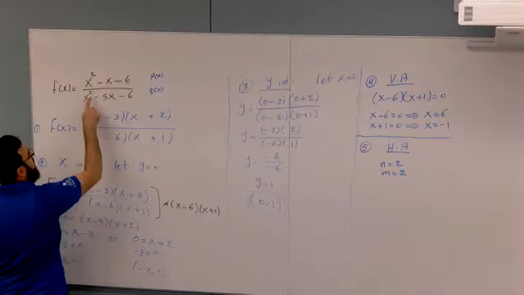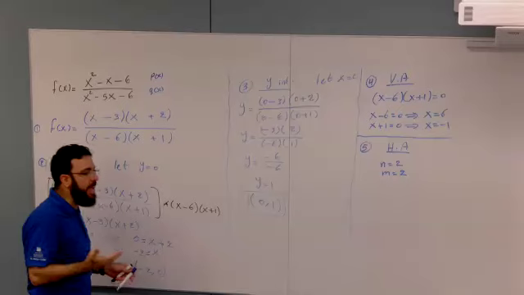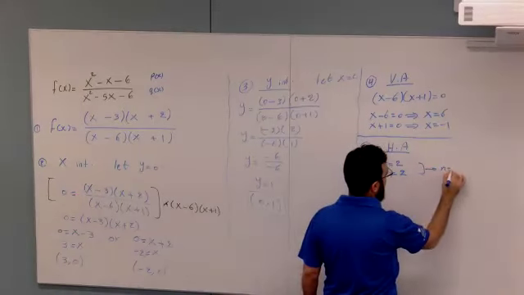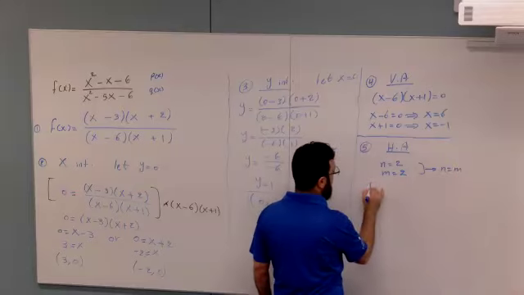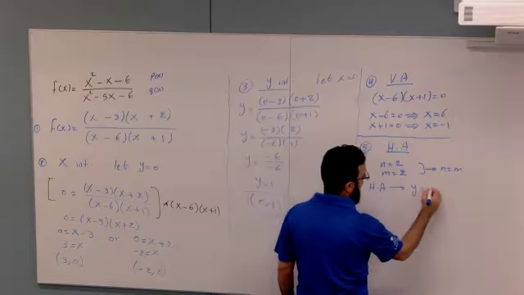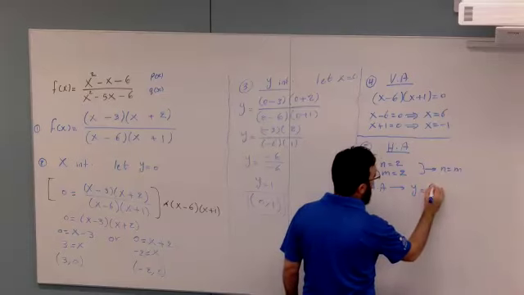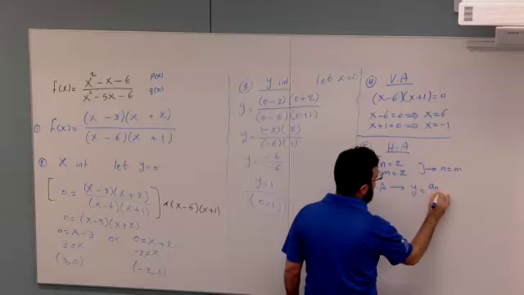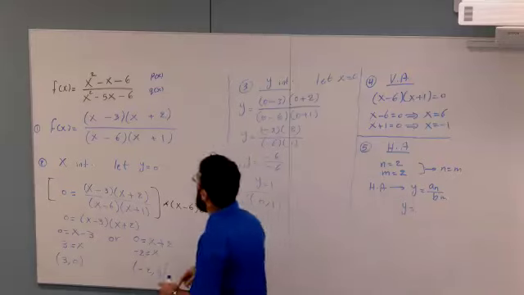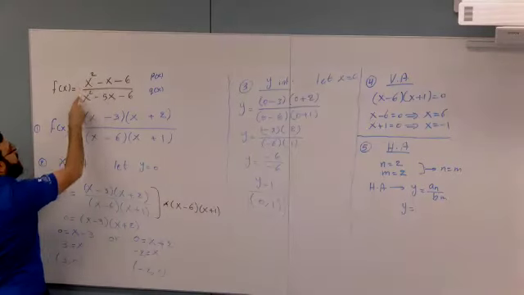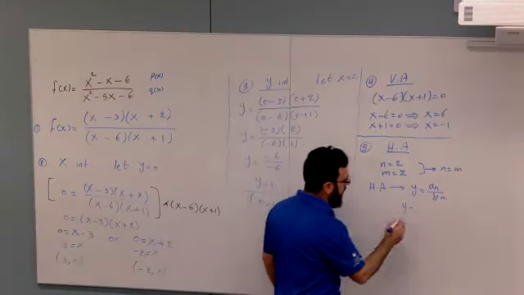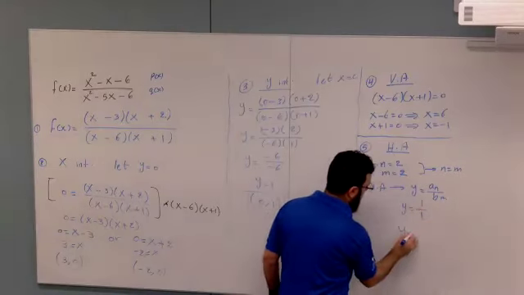This is n, this is m. So when we have n equal to m, the horizontal asymptote is going to be y equals a_n divided by b_m. That means y equals the coefficient here divided by the coefficient here. It's going to be 1 divided by 1. That means y equals 1.